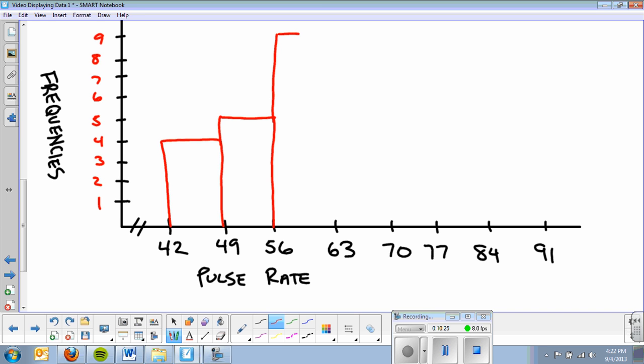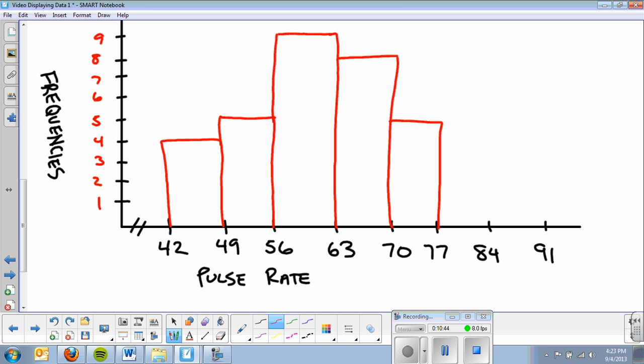Go down, across, and up. 63 to 70 was 8. 70 to 77 was 5, so I come over here to 5 and go down. 77 to 84 was 3. And 84 to 91, we had that one last number.